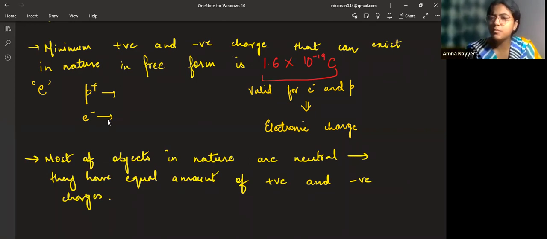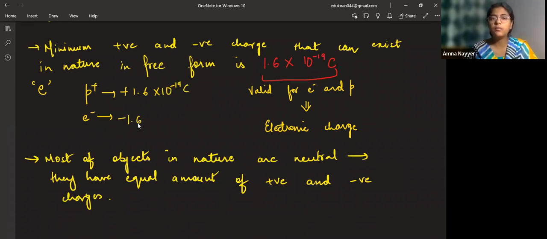Fine. For proton, one question that can arise is: protons exist, electrons exist. If a charge of 1.6 into 10 to the power minus 19 is given, how will you know whether it is written for an electron or a proton, if nothing is mentioned? The best way is to put a sign to distinguish. For proton, it will be plus 1.6 into 10 to the power minus 19 coulombs.